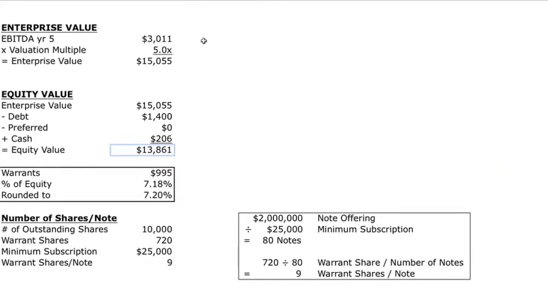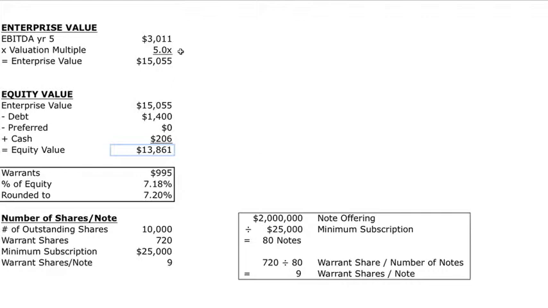So what you'll need to do is put together a forecast for your business and figure out what your base case EBITDA is in year 5. I've done that here for our example, and in this situation I've got just over $3 million of EBITDA.